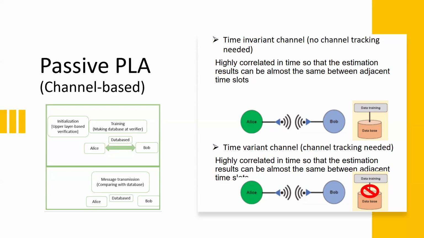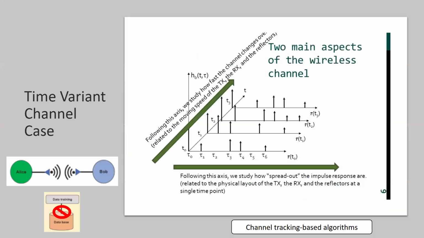Time variant is the opposite of time invariant channel, where you need tracking. In this figure, we get a deeper look at the time variant channel, where we have two axes. The x-axis represents the delay tau in time, and the y-axis represents how fast the channel changes.